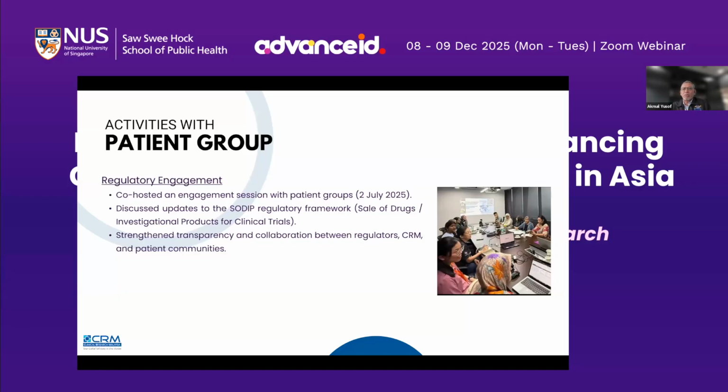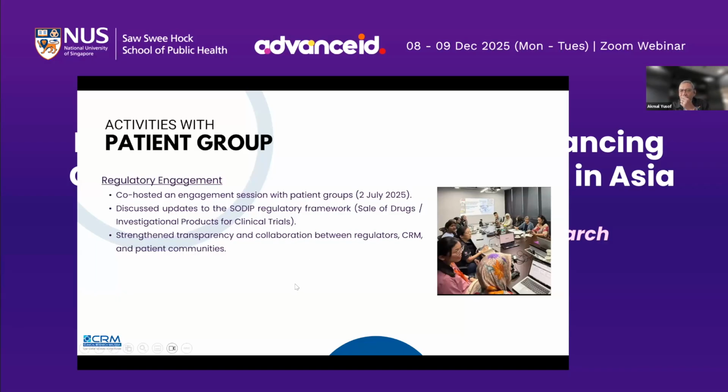So patients will know their rights, what clinical research is and how it is managed, and the regulators will work hand-in-hand to understand the needs of the patient groups as well.